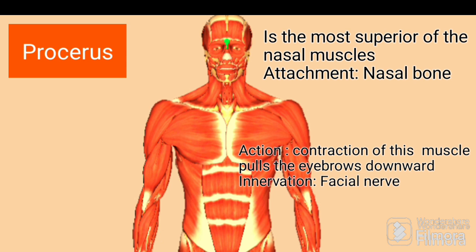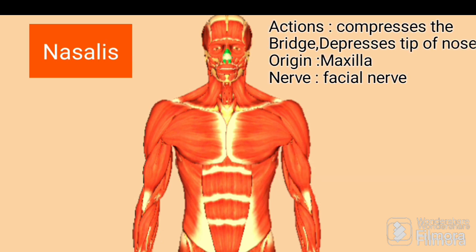The second muscle is nasalis. It is the largest of the nasal muscles, split into two parts, transverse and alar. Its attachment: both portions of the muscle originate from the maxilla. The transverse part attaches to an aponeurosis across the dorsum of the nose.